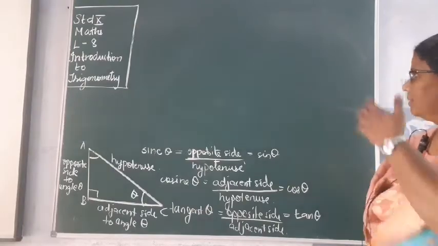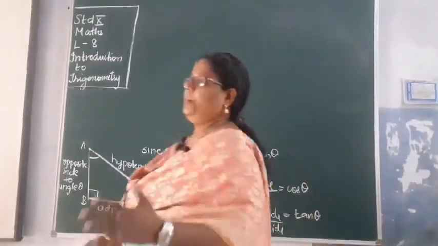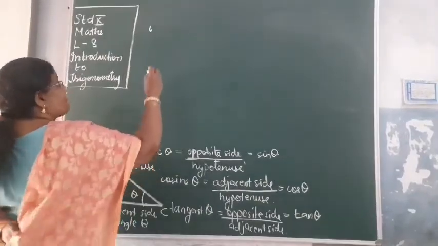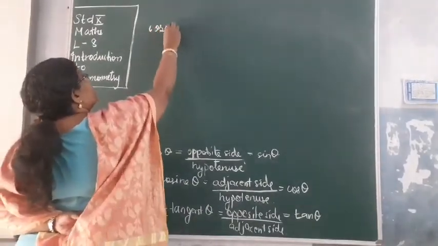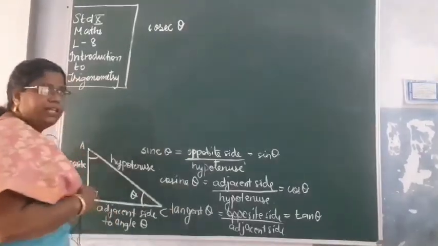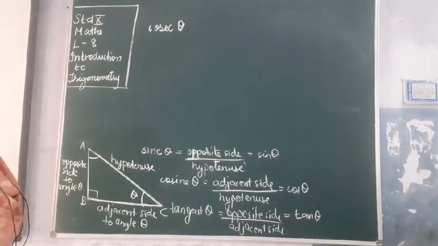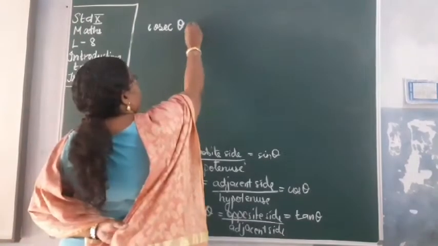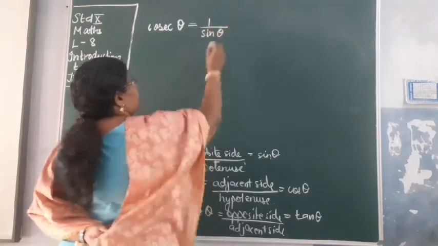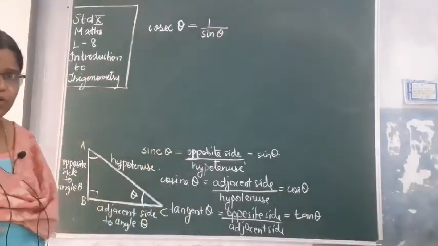Okay, now the next trigonometric ratio which you can have is called cosec theta. Cosec theta is equal to 1 upon sin theta. ऐसा है उसका रिलेशन.